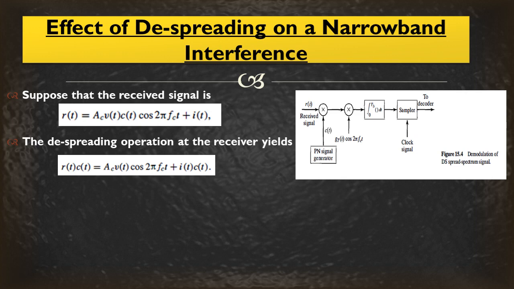After multiplying by c(t) in this equation, we get c squared of t. c squared of t is always equal to 1, and here i(t) is multiplied with c(t). Now i(t) is a narrowband signal, and c(t) is a wideband signal. So this is basically a wide bandwidth signal.